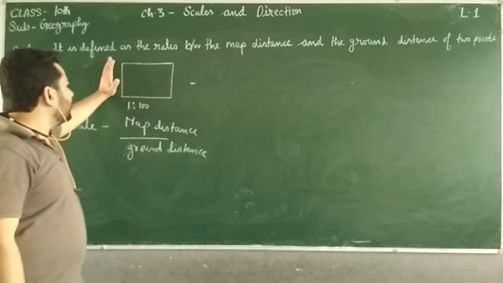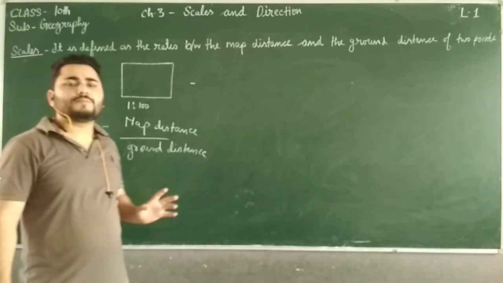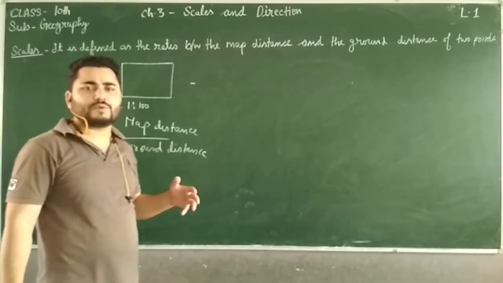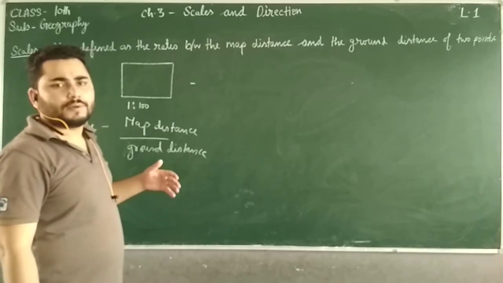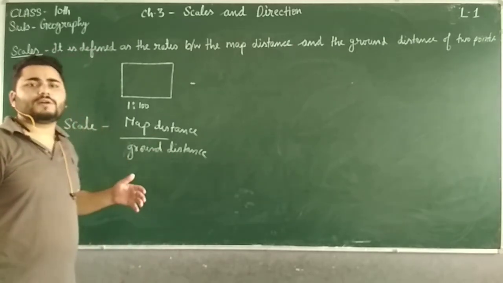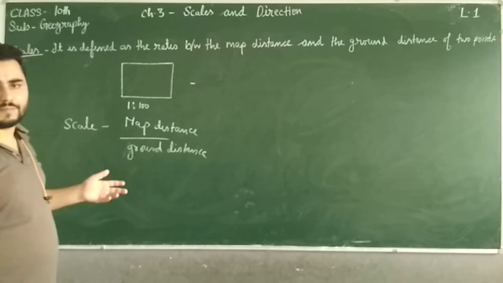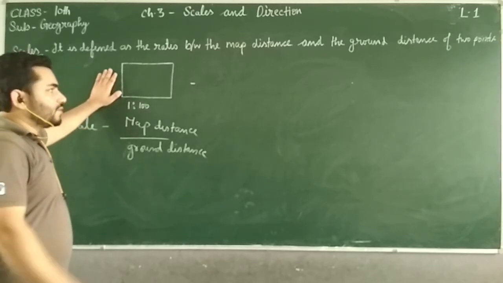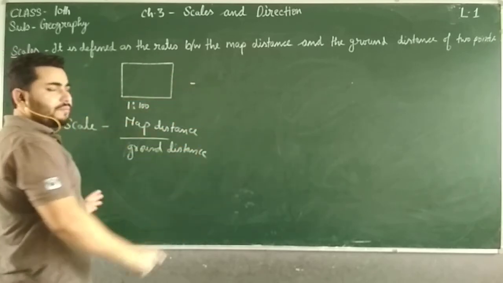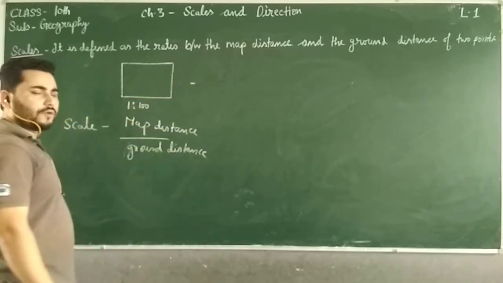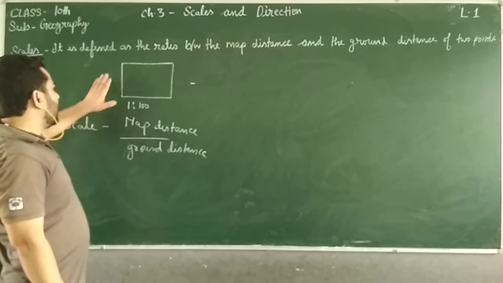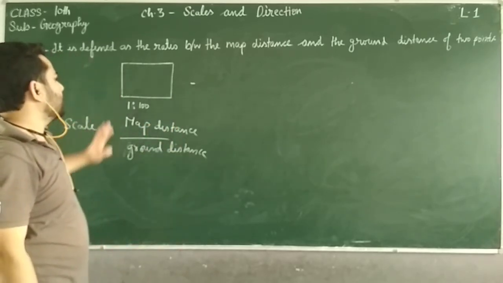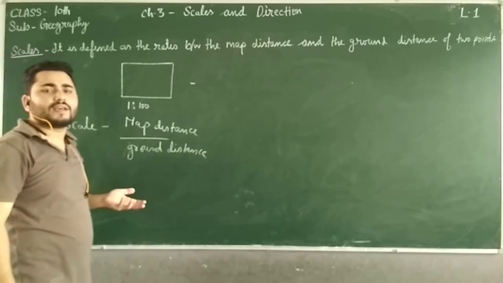Because I am drawing it on paper, it is just a miniature. Maps are actually miniature forms of geographical features, getting it or not? This green board is very huge, 4 meter you can say, and I have just taken 4 centimeters to draw this. So this is what scale is.